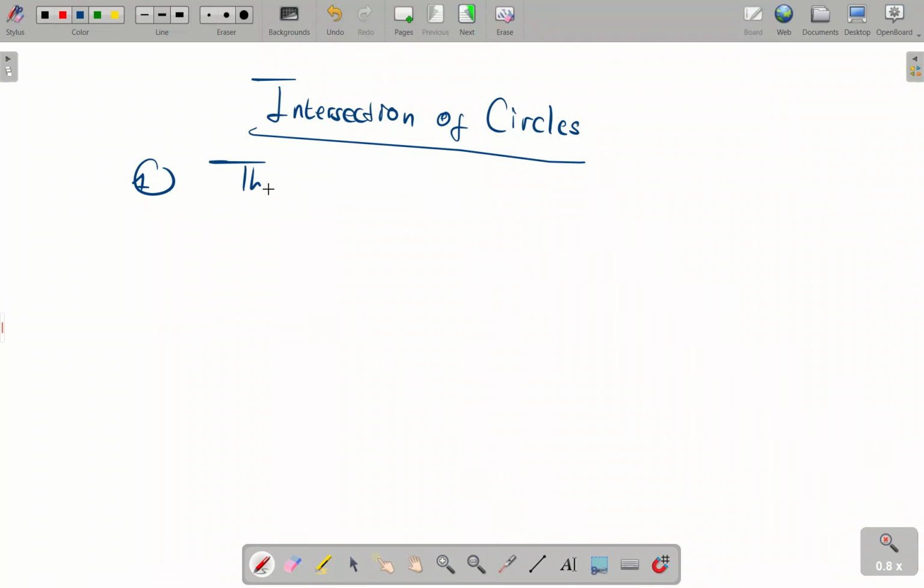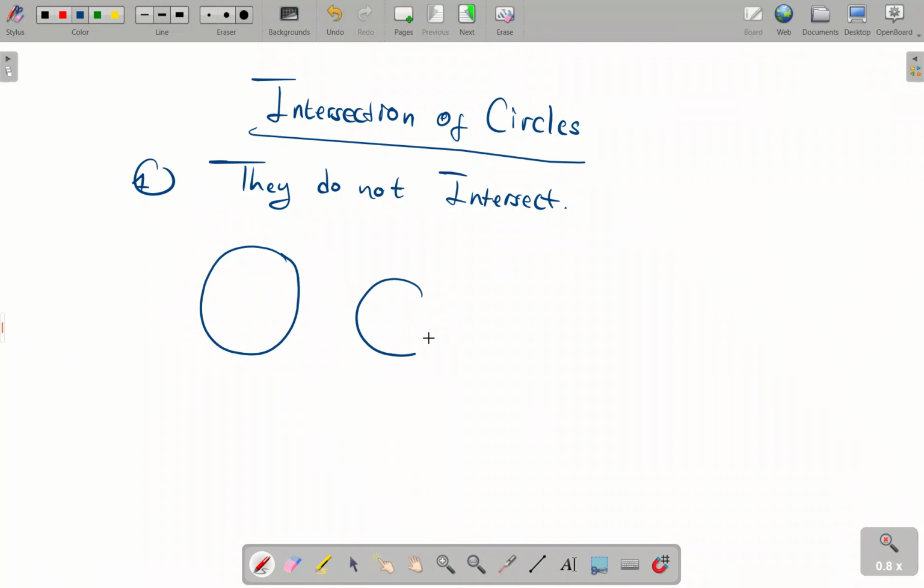So number one, this is when they do not intersect. You have a bigger cycle like this, and then a small cycle like that, and then you have the radii.